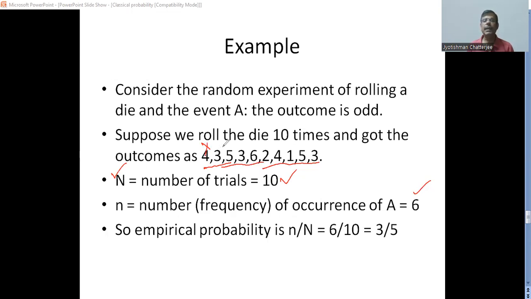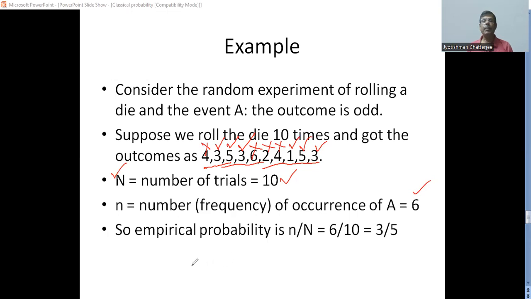Next outcome was 3, and it's an odd number. So A has occurred. Next time the outcome is 5. So A has occurred. Next outcome 3, A has occurred. 6, no. 2, no. 4, no. 1, yes. 5, yes. 3, yes. So the event A has occurred 6 times.